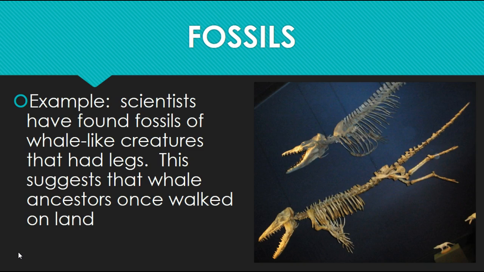Another example would be scientists sometimes have 2 different fossil specimens from 2 seemingly unrelated organisms, but then they find a fossil that predates them, dates back thousands and thousands of years prior to those 2 fossils, and that fossil can be kind of a bridge between the 2.